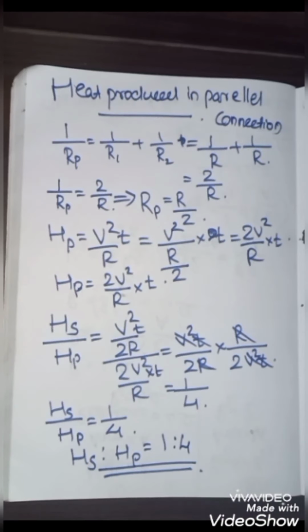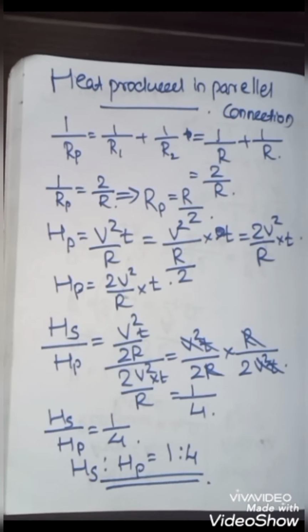Then this is our chapter electricity. Here our chapter electricity ends. In this chapter we discussed electric current, electric potential difference and Ohm's law, then resistance, factors depending upon the resistance, resistivity, then resistors.